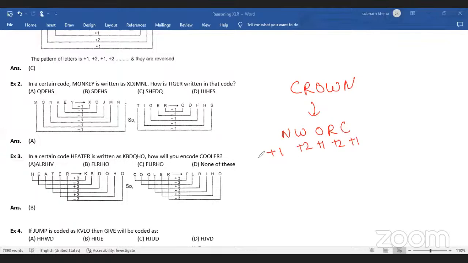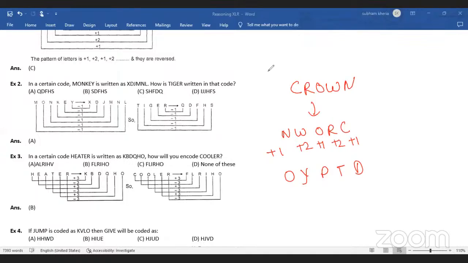Whether it is 4 or 5 letters, we know the pattern: +1, +2, +1, +2, +1, +2, +1, +2. No matter how many letters are there. So then we'll solve: N +1 is what? O. W +2, W thing. P, Q, R, S, T, U, V, W, X, Y. So Y. Then O +1 is P. R +2 is T. C +1 is D. So OYPTD is our answer.